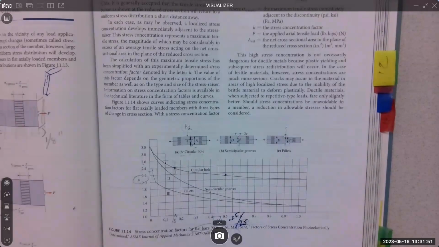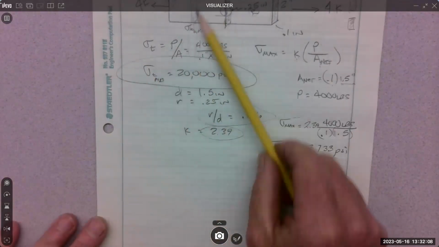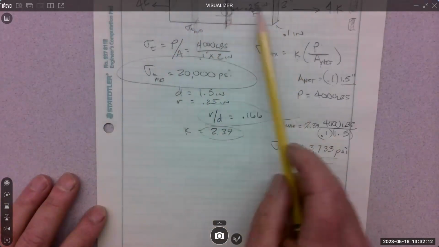It's got to be square inches, not square feet. So you have to have some feel for it. Just doing P over A on this gives you some feel for whether it can handle it, no problem, or I wonder what's going on here.